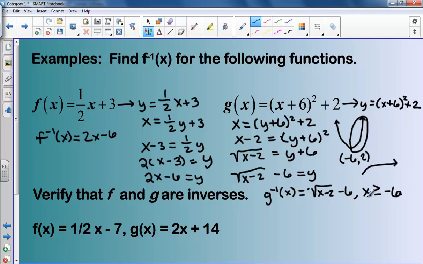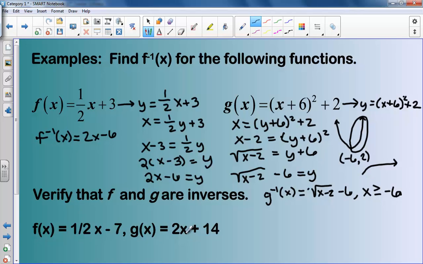So if you find your vertex point right here, you're restricting it to everything greater than your x value when you do the inverse. The other thing you might see with inverses is, verify that f and g are inverses. Probably the easiest, fastest thing to do, because this is about speed, is graph this, and then graph your x line through them and see if it divides them in half.